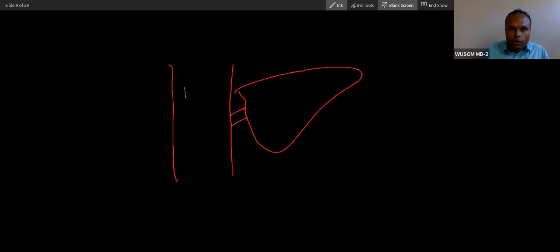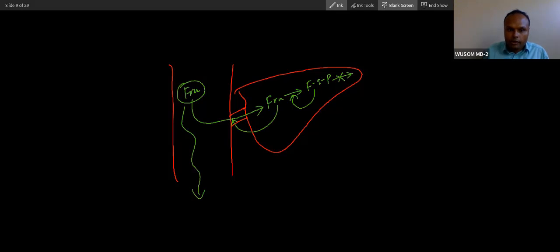If you take fructose, it enters the blood. Here fructose goes, so fructose is metabolized here to fructose 1-phosphate, but this is not further metabolized. So what will happen? This will inhibit here, and this will inhibit here. So ultimately, diarrhea.